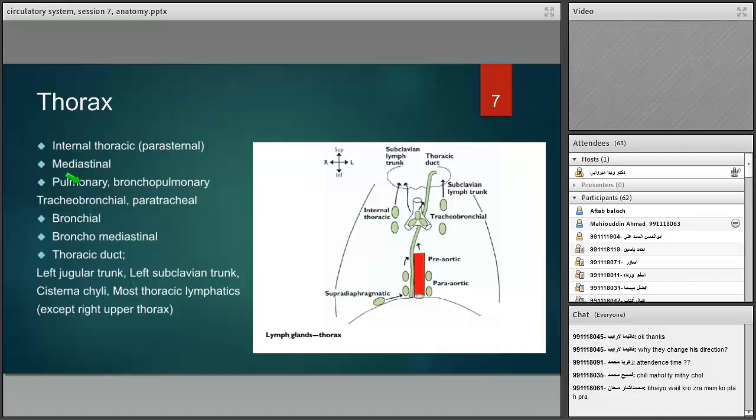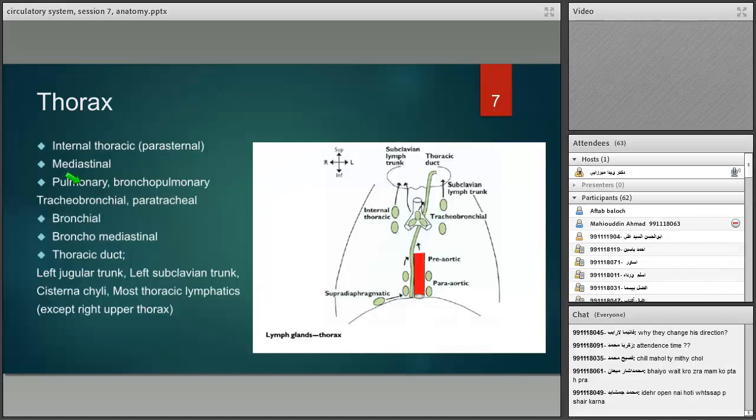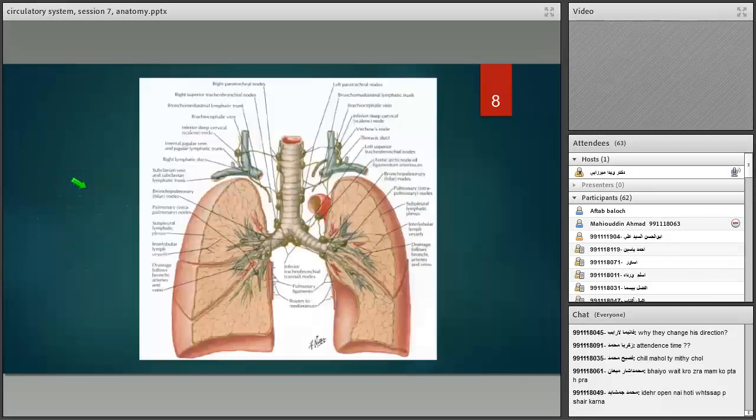But what about the lungs? The first branches of the lymphatic system in the lungs are called the pulmonary ducts. Look at here. In the tissue of the lungs, we have the pulmonary ducts.